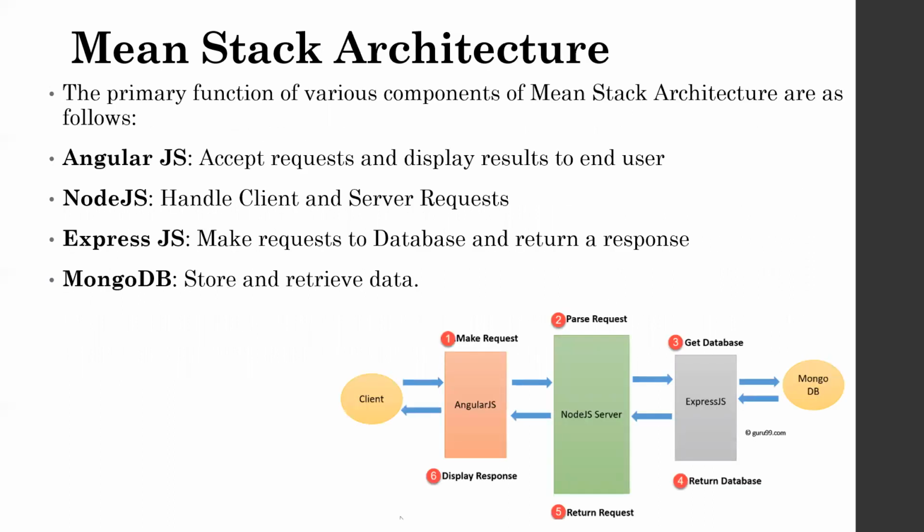So with the help of this, we are able to understand what the MEAN stack architecture is and how it is going to work. The primary functions of the various components of the MEAN stack architecture are as follows. AngularJS accepts requests and displays the result to the end user.